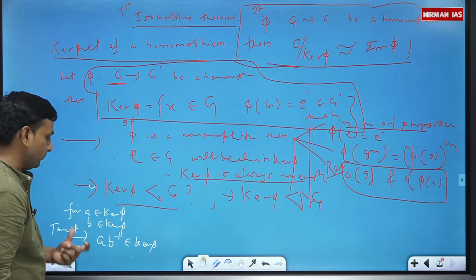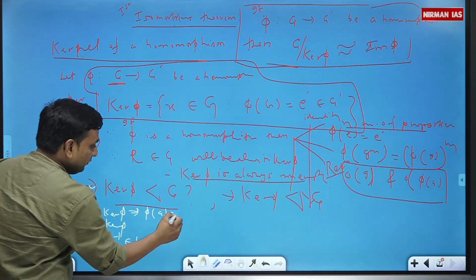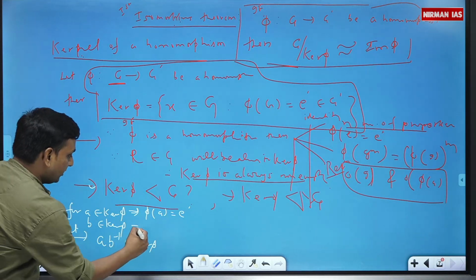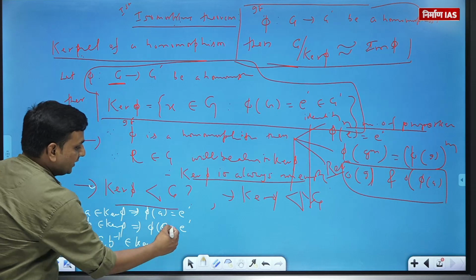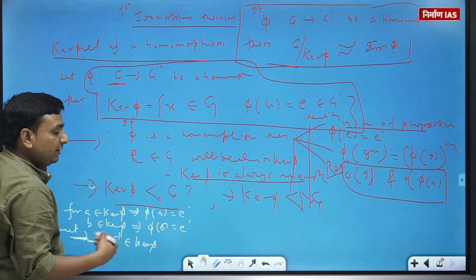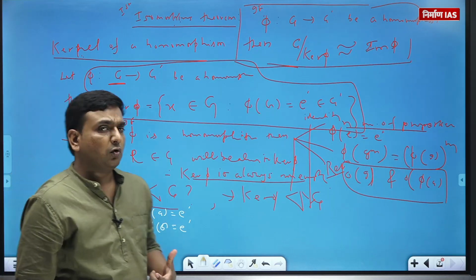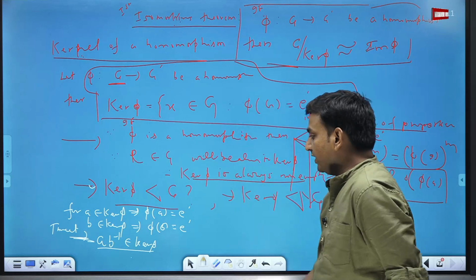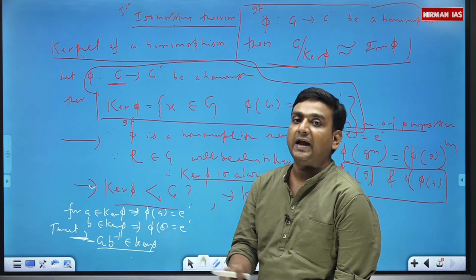Is that clear? Fine. Since a belongs to ker phi, this means phi of a goes to identity element. b belongs to ker phi means phi of b goes to identity element of G dash. What I wish to have is a b inverse. If I want to show a b inverse is also in ker phi, then what we need to show here? Phi of a b inverse must be identity.